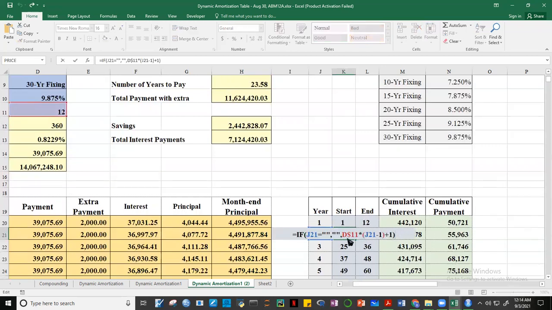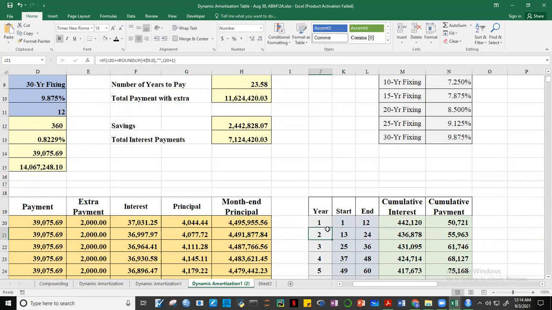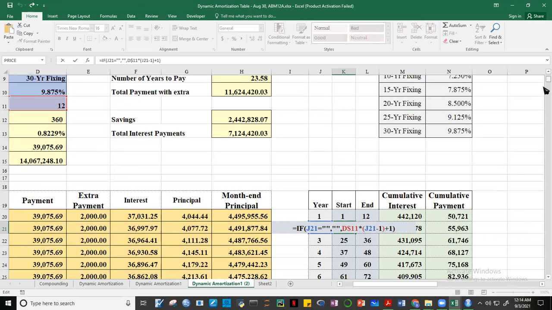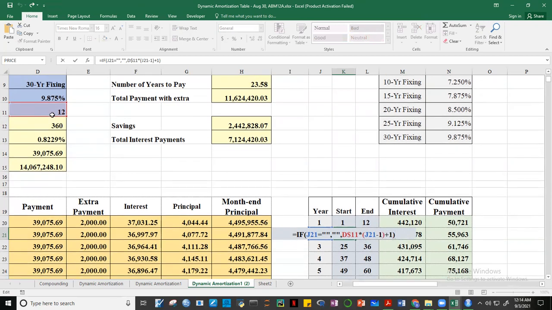So I'm saying, if we still have a year here, we put a start here. If there is no year, I said, if J21 is nothing, give us nothing. If the value is true, if this year has a value, what do we do? What's D11? D11 is 12.